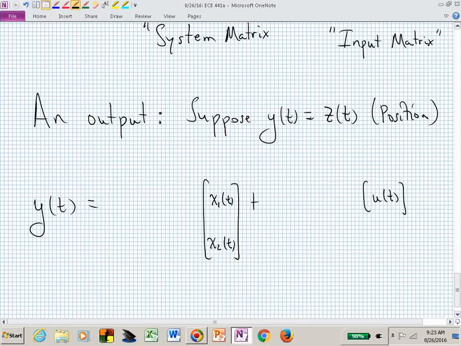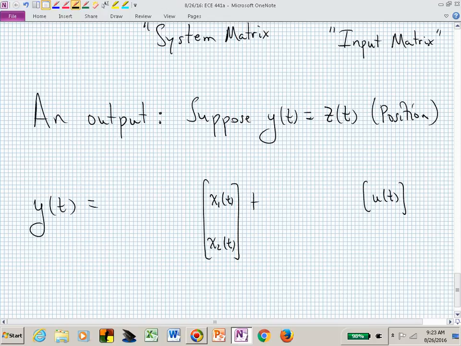Now, we need these equations to be compatible, meaning this matrix that pre-multiplies the state vector, what are the dimensions on that matrix? It needs to be such that it gives us 1 row and 1 column. Y is 1 by 1.